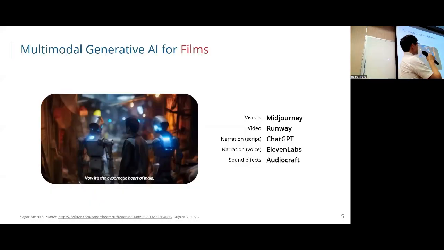As you can see, it's very impressive. Firstly, the images were generated by Midjourney, and then they used Runway, an image-to-video generator. Once you have the image, you put it into Runway, and it will turn the still image into an animated motion picture.